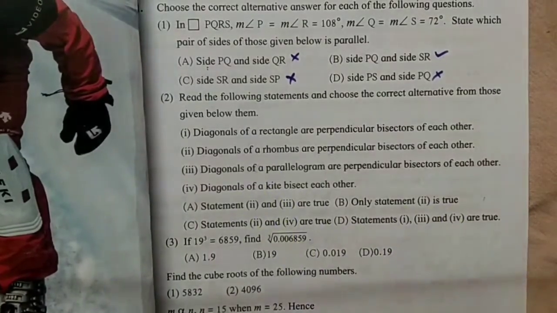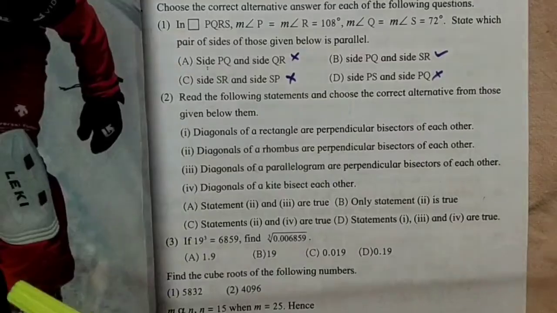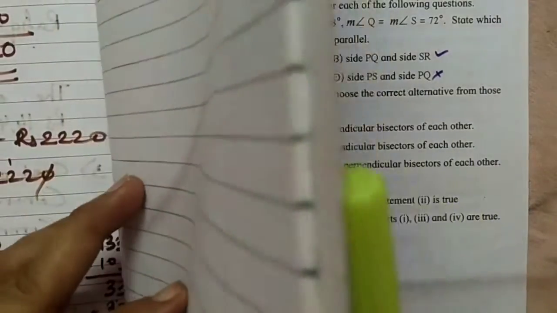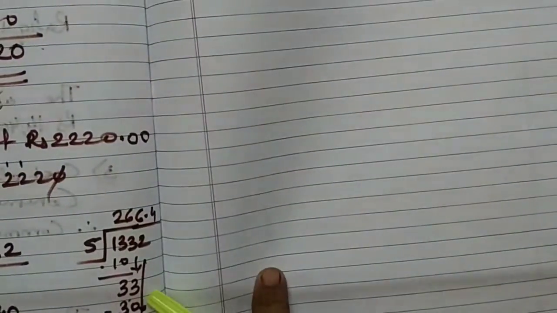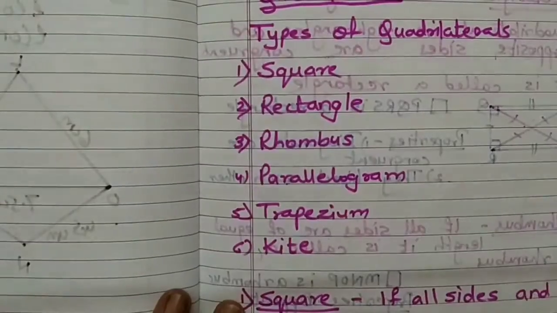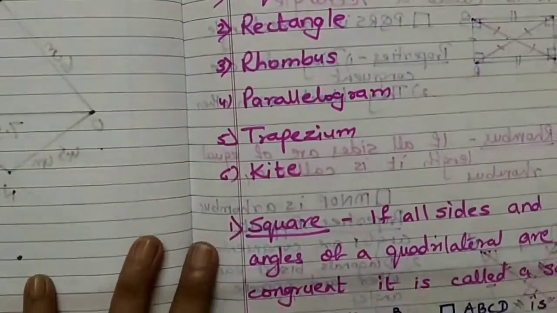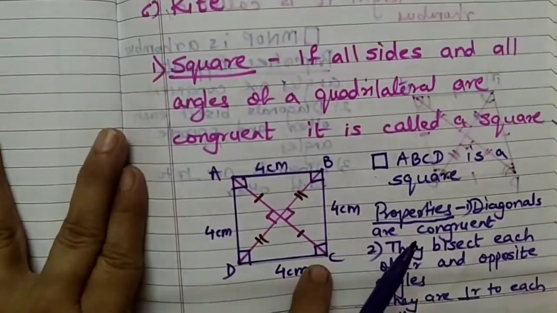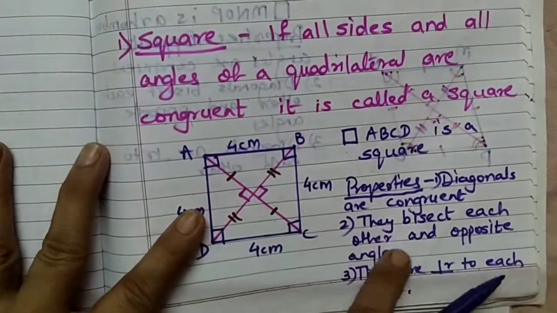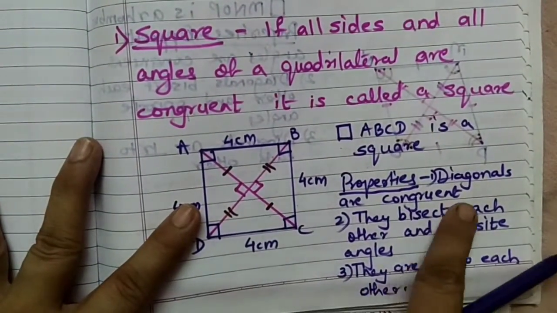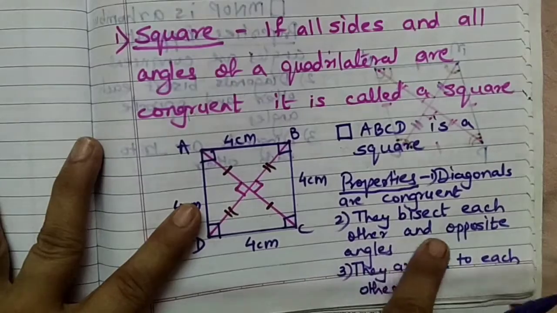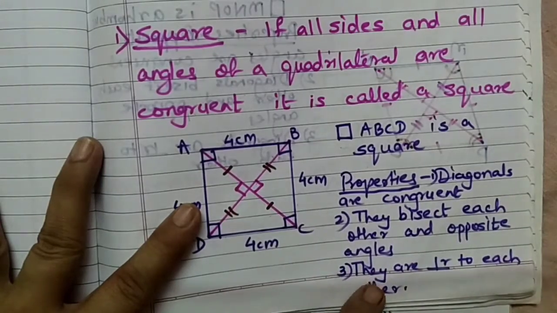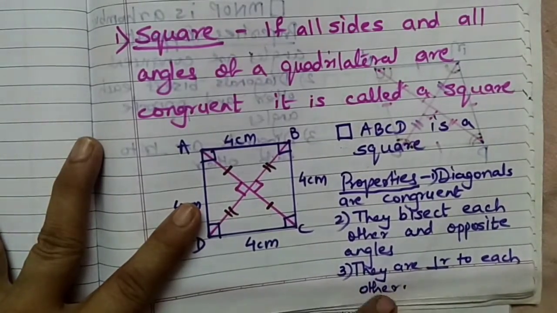Now let us see about the diagonals. We have written the properties of the different types of parallelogram, isn't it? Now let us check the properties of the parallelogram. First, diagonals bisect each other, and perpendicular to each other.